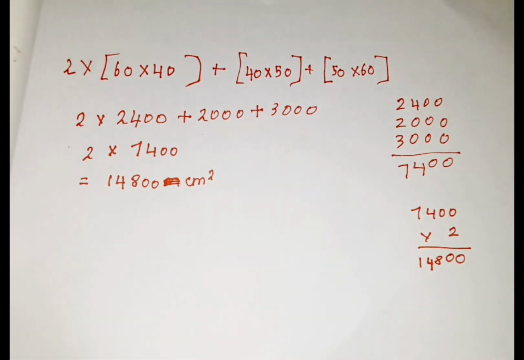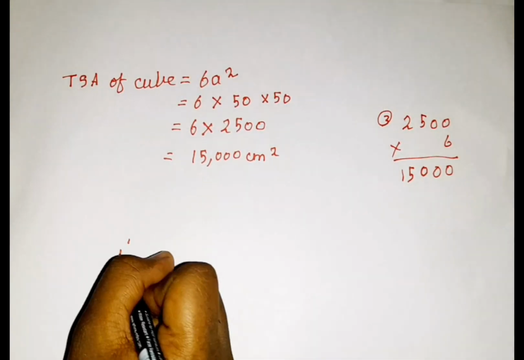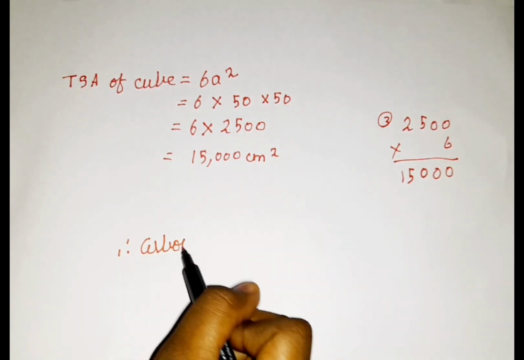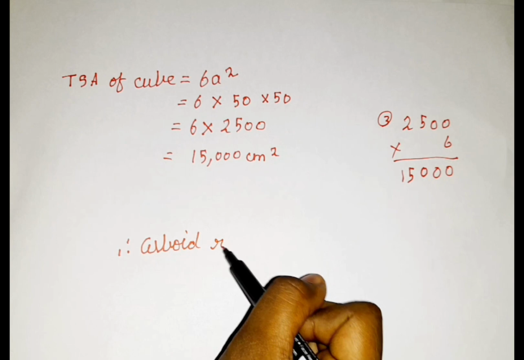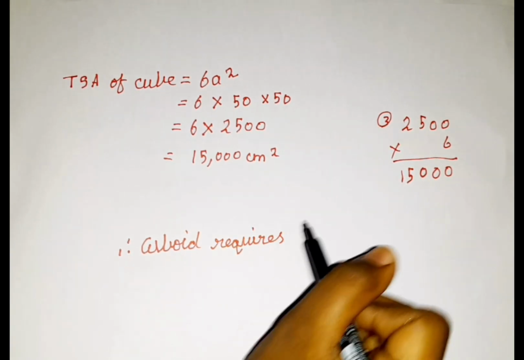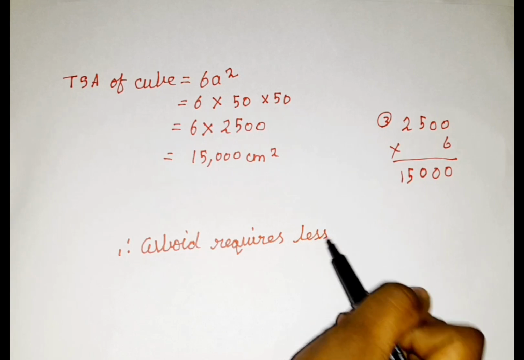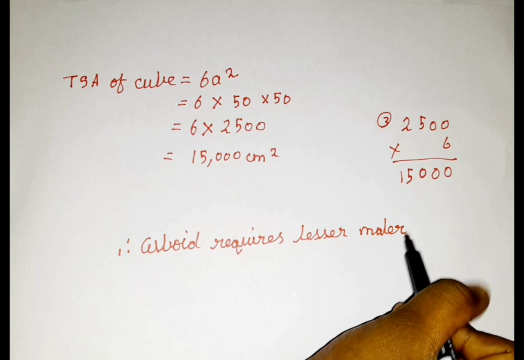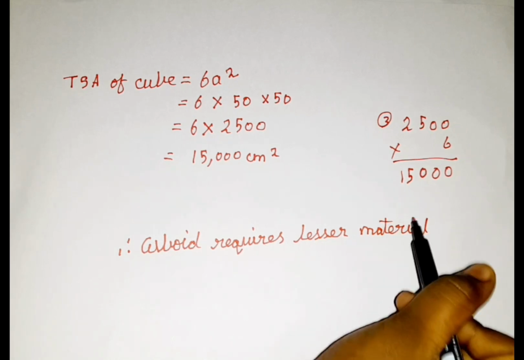I'll write it at the last page. Therefore cuboid requires lesser material, not lesser area, it's lesser material.